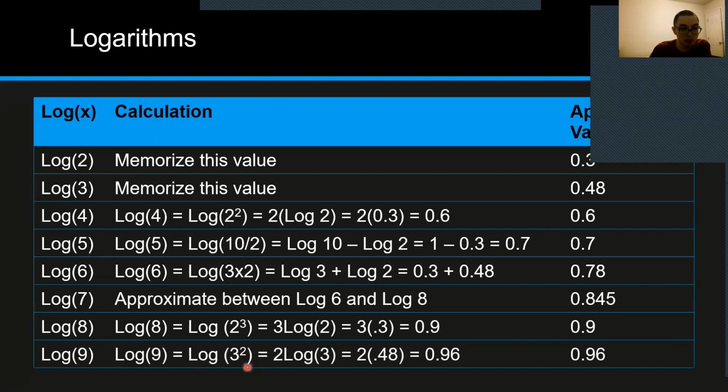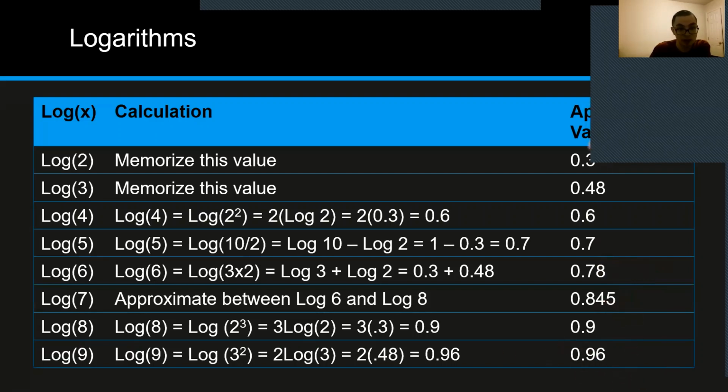So we can pull out the squared if we're using exponents to make it 2 times log 3, or we can do log of 3 times 3, and that would just be log of 3 plus log of 3, which is the same thing as 2 times log of 3, right? And if you use the approximation here of 0.5, this would end up being 1. So actually, if we approximate the highest values, this is 0.8, 0.85, 0.9, and 1.